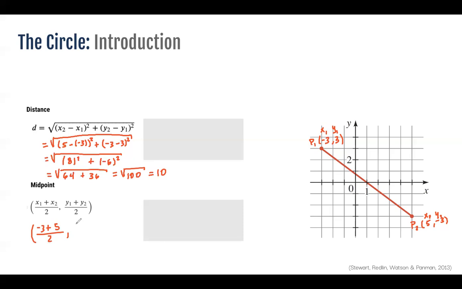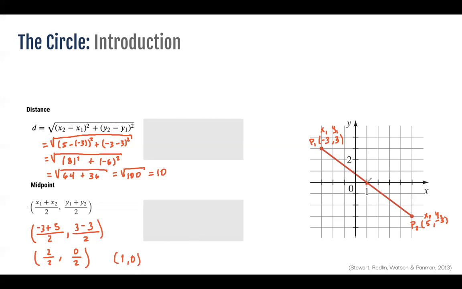And y1, that's 3 plus y2, plus -3, divided by 2. And at the end, you're going to have 2 divided by 2, comma, and this is going to be 0 divided by 2. So the final answer, or the midpoint, is going to be 1, 0.